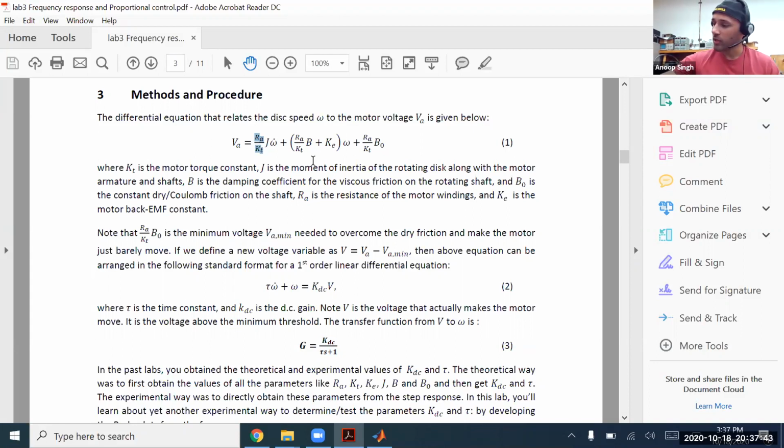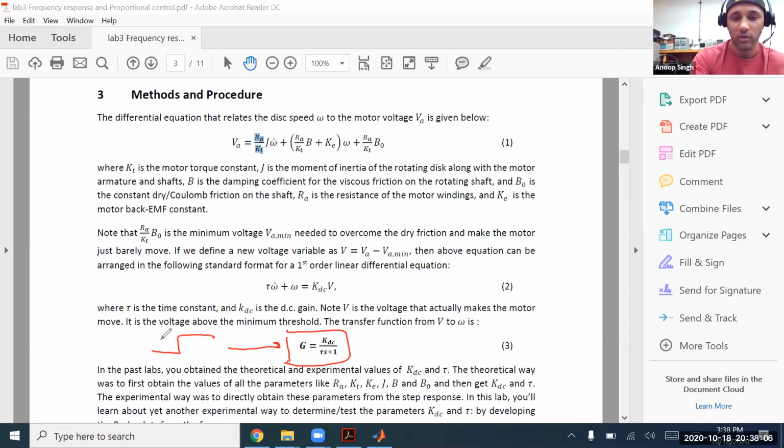The second approach is an experimental approach, where you give a constant input to the system, a constant voltage to the system. And by looking at the motor speed, we can tell what the transfer function is. So for example, if you have this motor over here with the transfer function, then let's say you give a constant voltage.